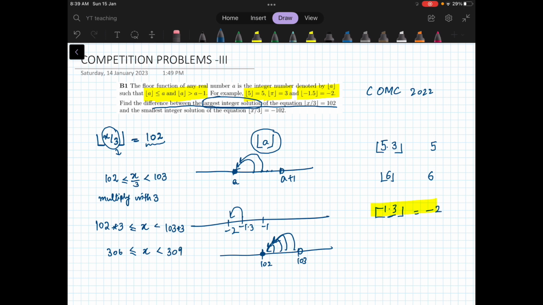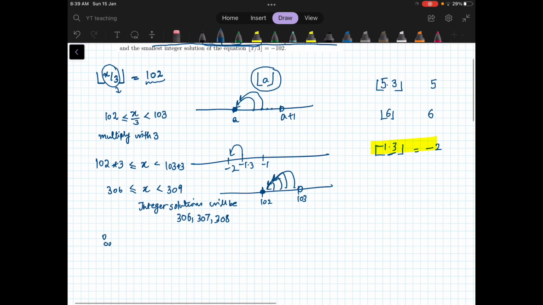Because we are looking for integer solutions, the integer solutions will be 306, 307 and 308. 309 is not included. Therefore, the largest integer solution will be 308. So that is one part.